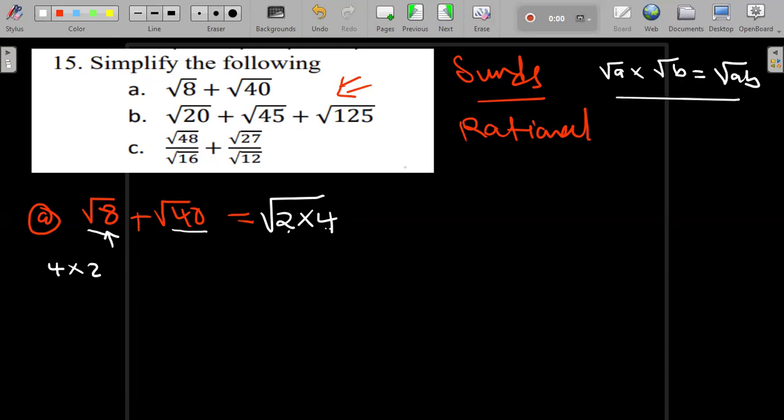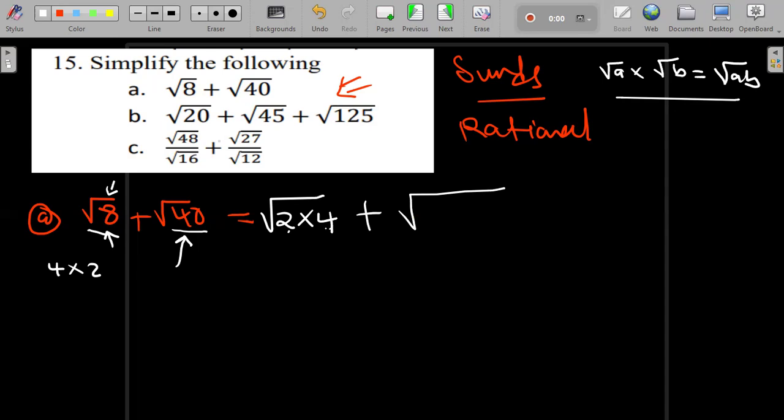That's what I've used on this first 8. And then even the 40 there, we can also try to simplify it. So we're going to say plus, and then the square root of, so we want to pick two numbers that can give us a 40, such that those two numbers have a perfect square root.